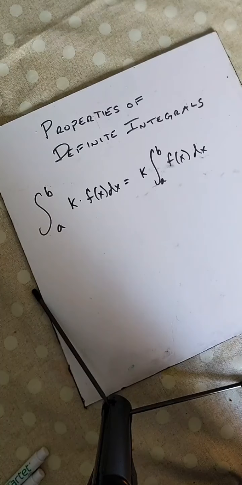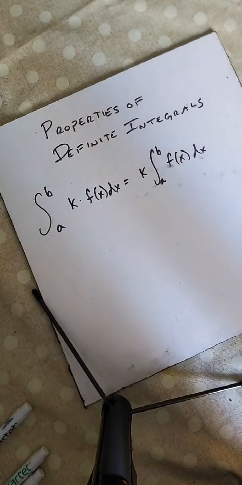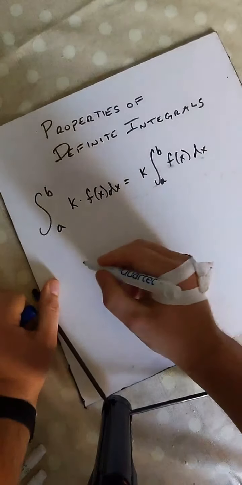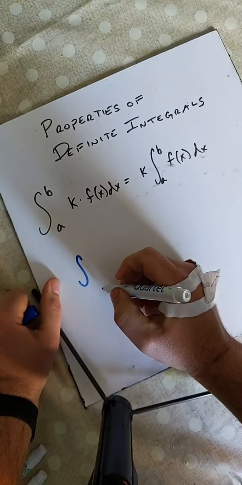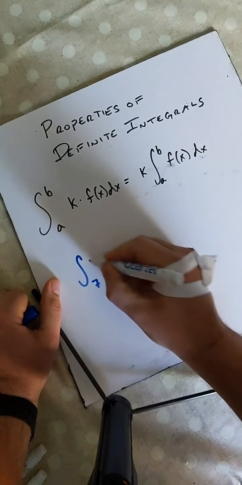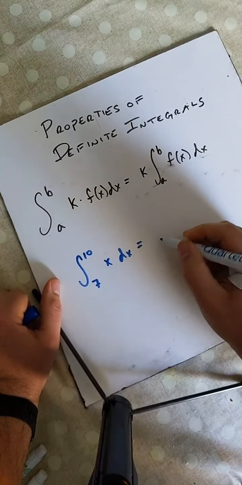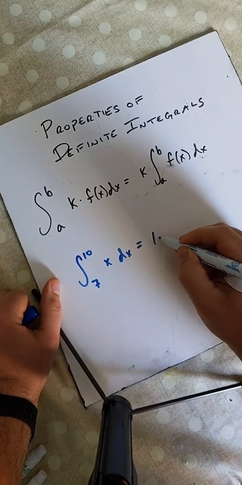Once again, this is a little confusing the way it's written, and I think it's easier to understand with an example. Let's say I took the integral from 7 to 10 of, let's just say, x dx, and I got that equal to, let's say, 12.